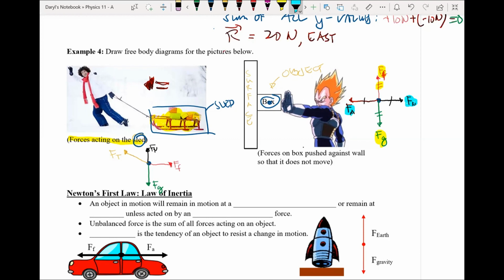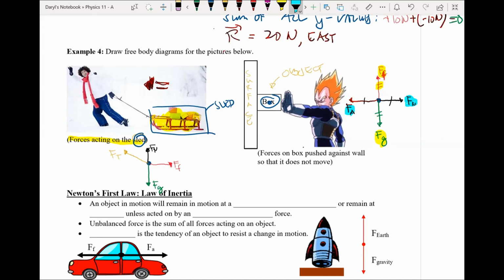So are there any questions with this one here? It takes time to actually familiarize these things. I know that, but this is the first step. You need to know how to draw free body diagrams to be successful with dynamics.